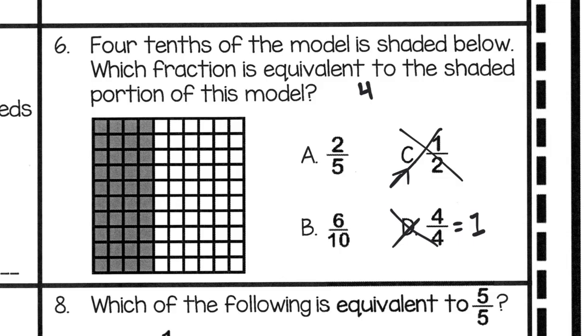Well, it says that there is 4/10 shaded in. 4/10 and 6/10 are definitely not the same thing, so that can't be it. But what I do want to figure out is, how could that possibly be the answer? Is there a way to break this into 5 equal pieces? I'm going to use a highlighter to show you.